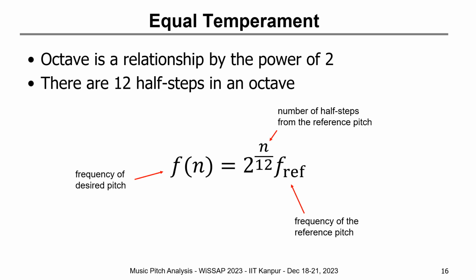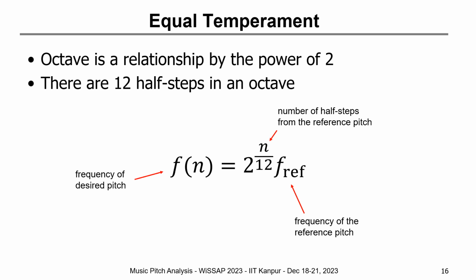So we start from the reference fundamental frequency F. And if we want to move n steps higher, we multiply this with this quantity. Okay. For example, if we want to move 12 steps higher, which is 1 octave higher, then this is 2. So we double the reference frequency to arrive at 1 octave higher.